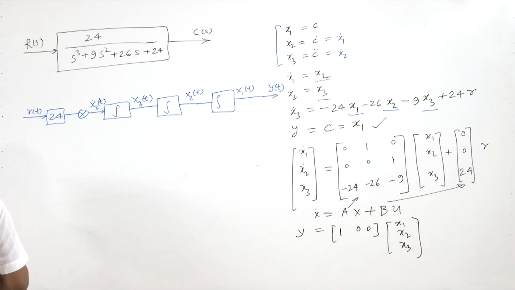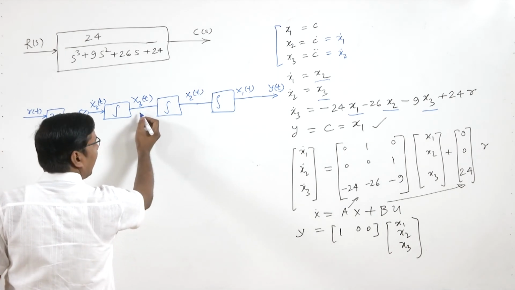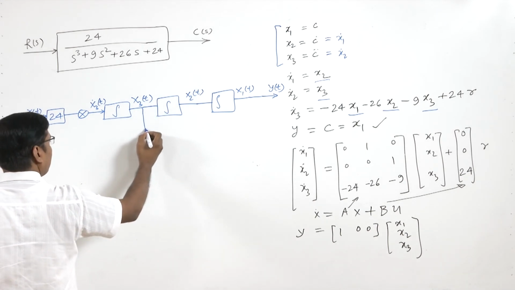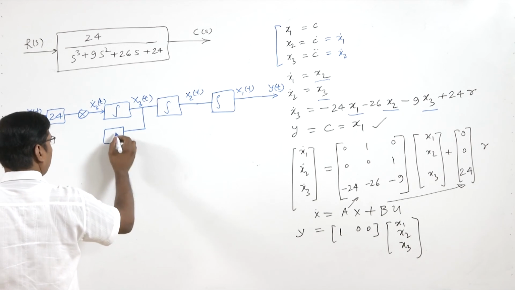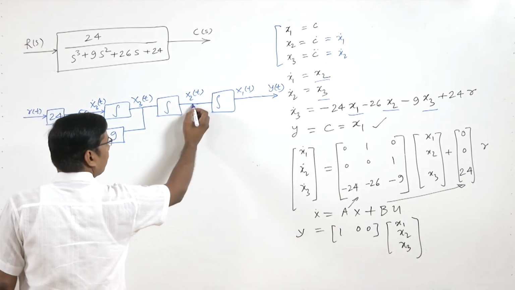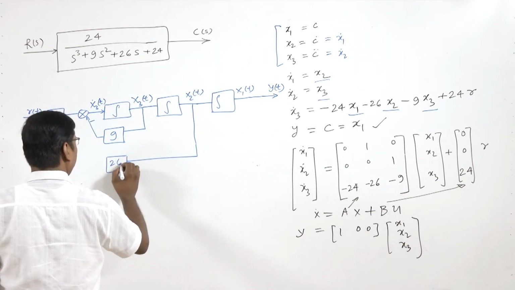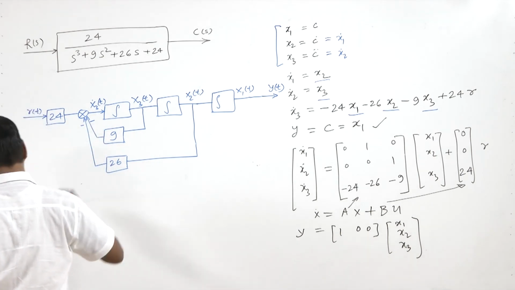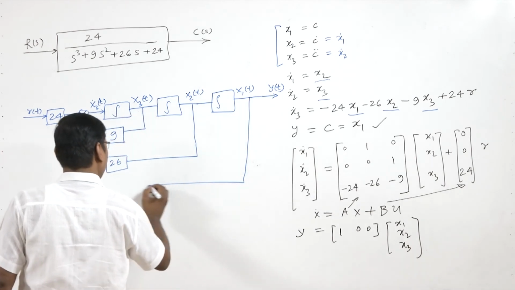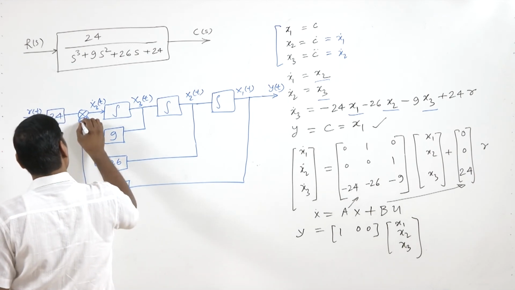From x3 we have to send minus this 9, then from x2 we have to send minus 26 with minus sign, and then from x1 we have 24 with minus.